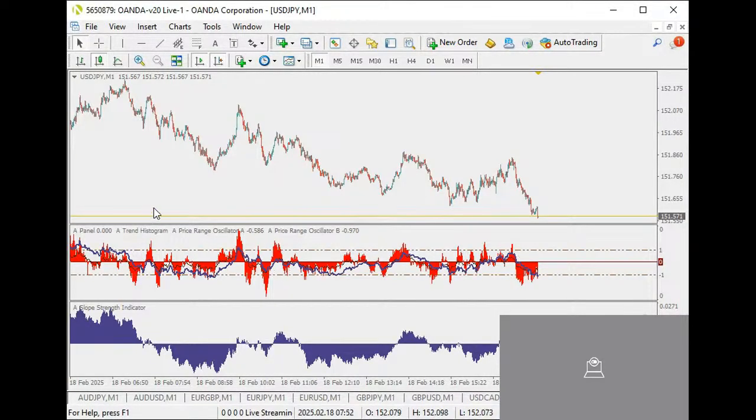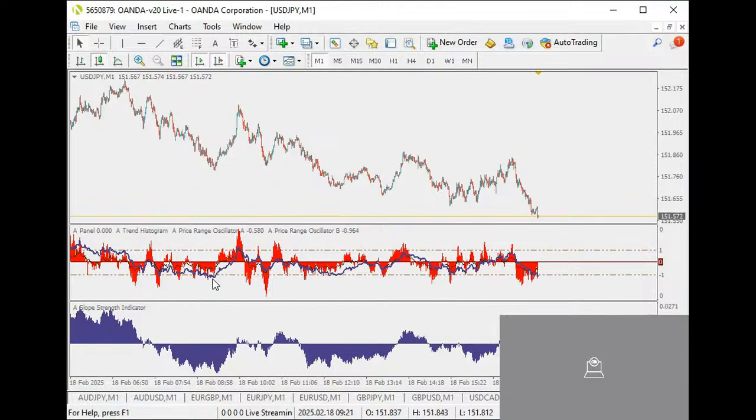And then I have two price range oscillators. The thin black one is my primary price range oscillator, and the thicker bluish one is my secondary price range oscillator. When both of them are at this threshold level, I'm going to be looking for the possibility of price action reversing direction.